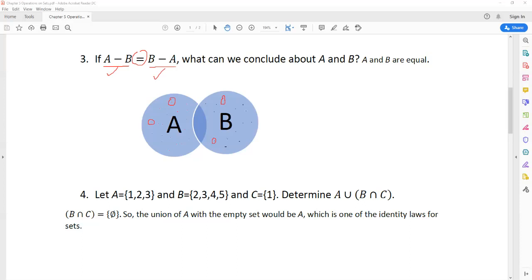If all of the elements in the left crescent are also in the right crescent, then we have essentially the same set, which means they are equal to one another.